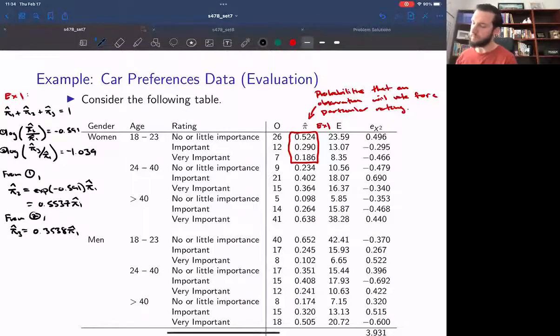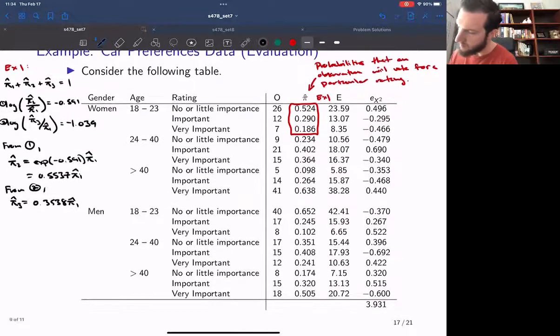Now we can write pi hat 1 plus 0.5537 pi hat 1 plus 0.3538 pi hat 1 is equal to 1.